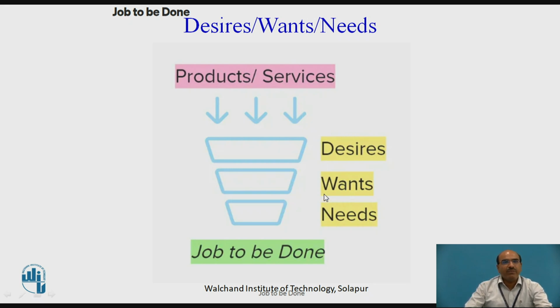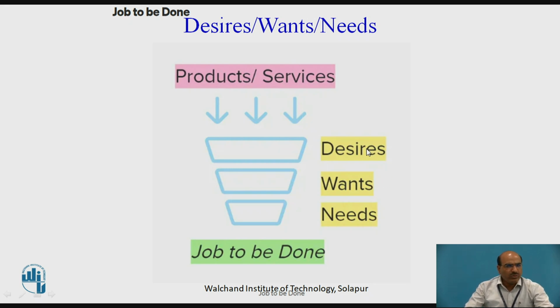Something you satisfy with your available resources is called a want. And specifically what you are addressing is the need of the user. If you go from the downward to the upward arrow, it starts with the need, goes to the wants, and then satisfies the desires.